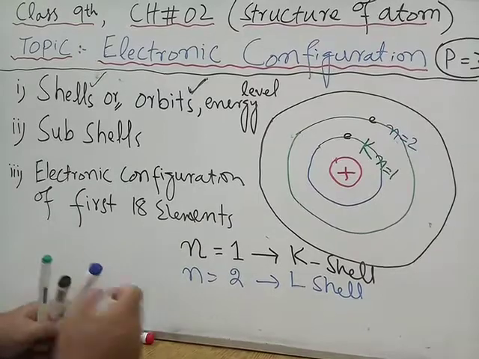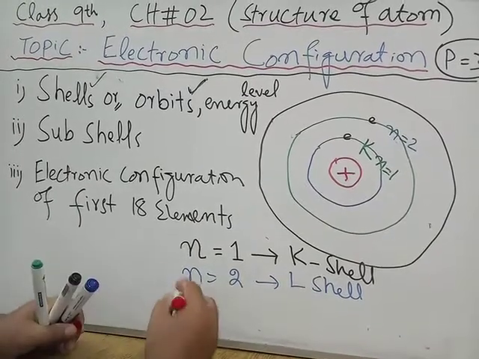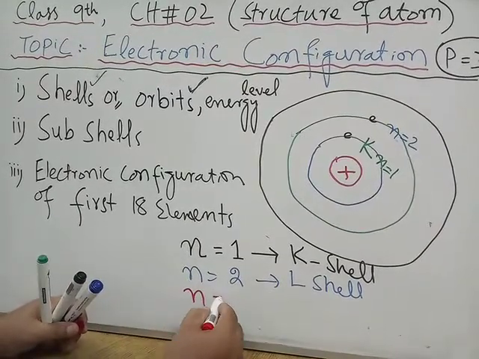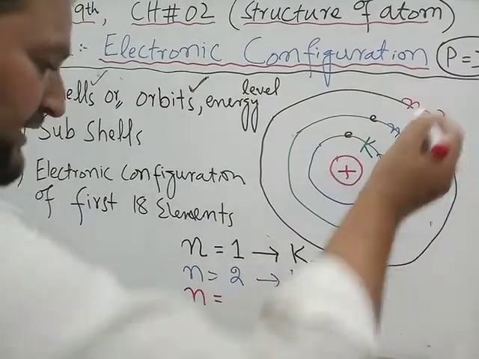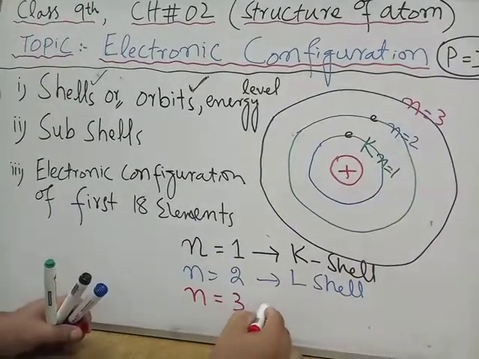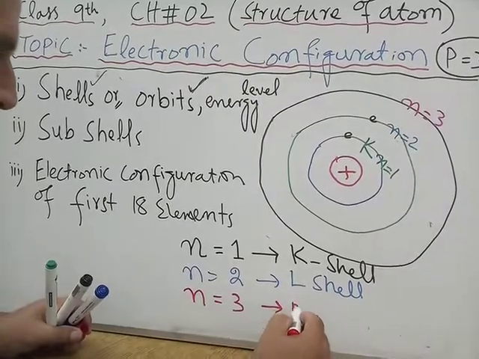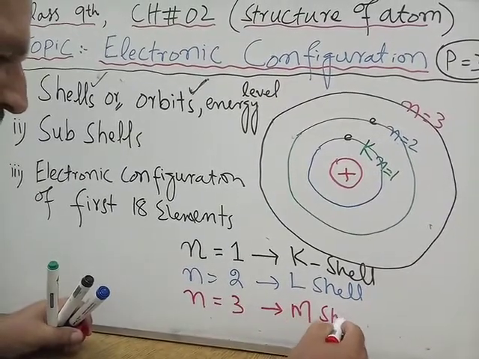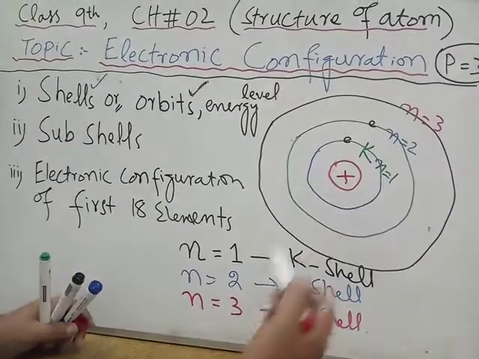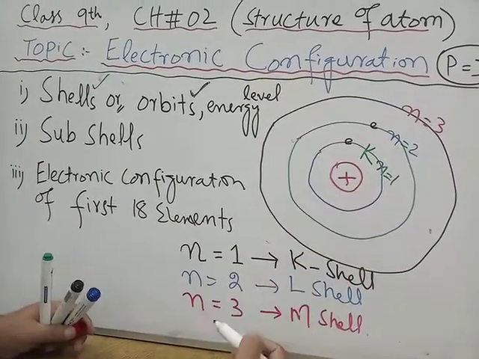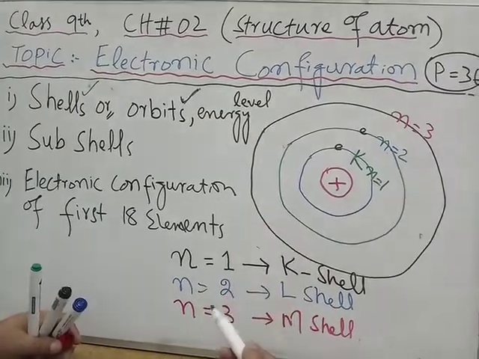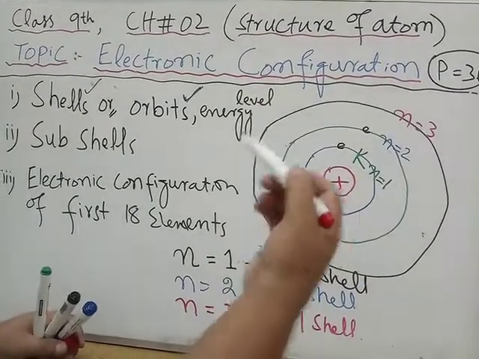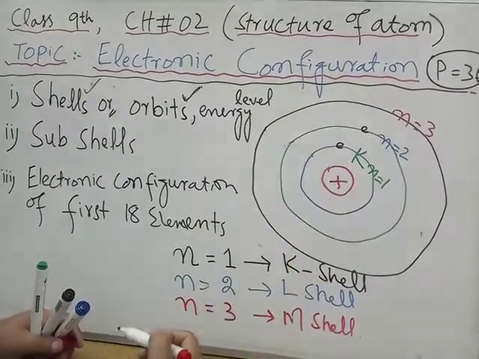And when n is equal to 3, this is called the M shell. If any atom has further shells, they will be designated by the symbols N, O, P, and so on.